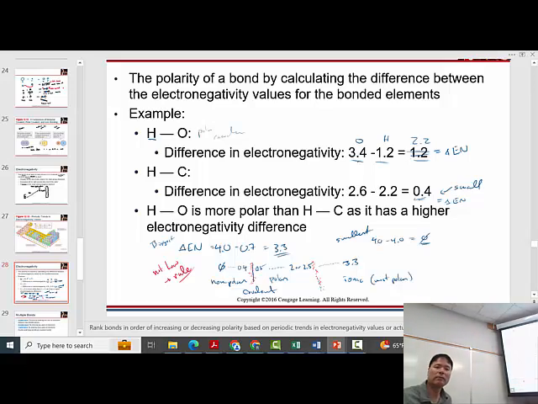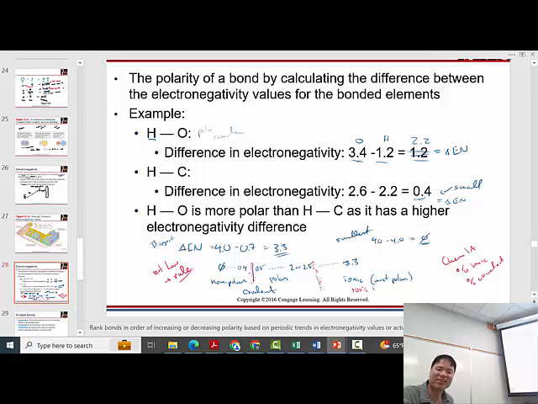And so what would probably be better is percent, rather than dividing it into 3 categories. We have a variety of categories. For example, in Chem 1A, we do something called percent ionic and percent covalent character. 3.3 would be what's considered 100% ionic, and 0 would be 100% covalent.